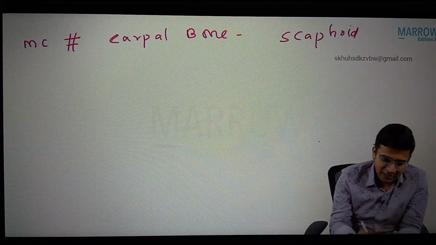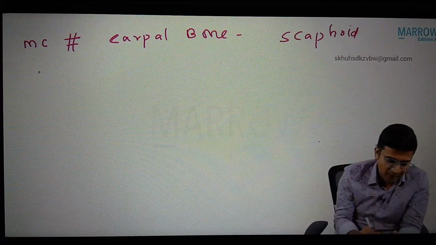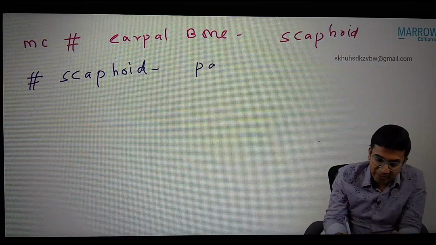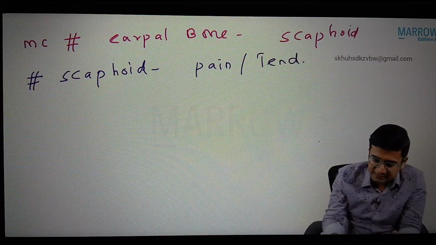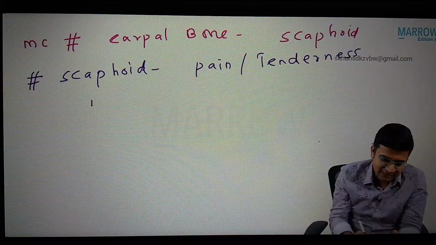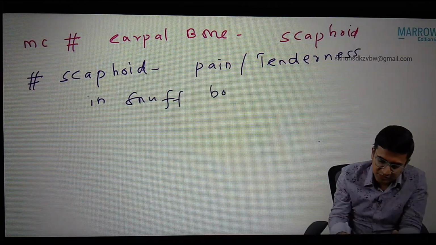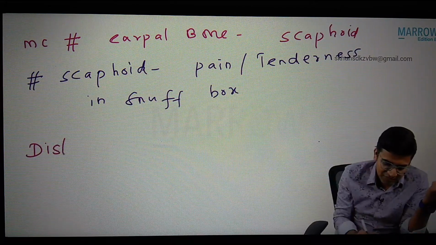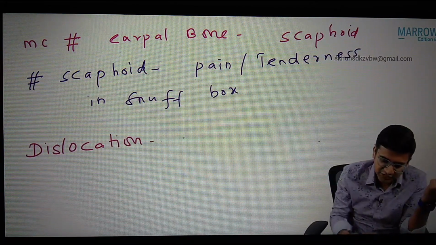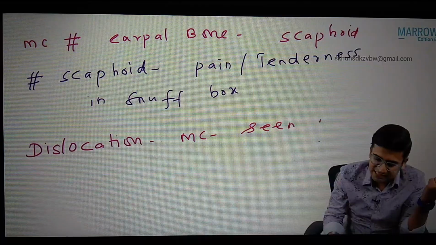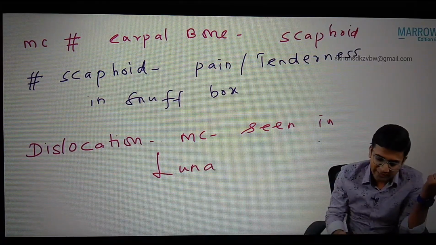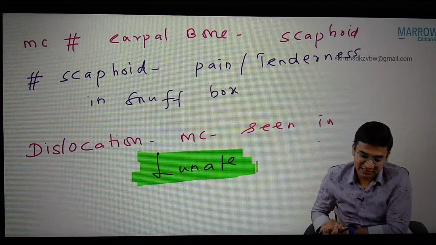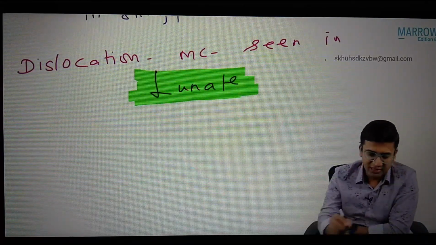I told you in the discussion of the snuff box topic. Next point, dislocation is most commonly seen in which bone? Lunate. Fracture scaphoid, dislocation lunate. Right.